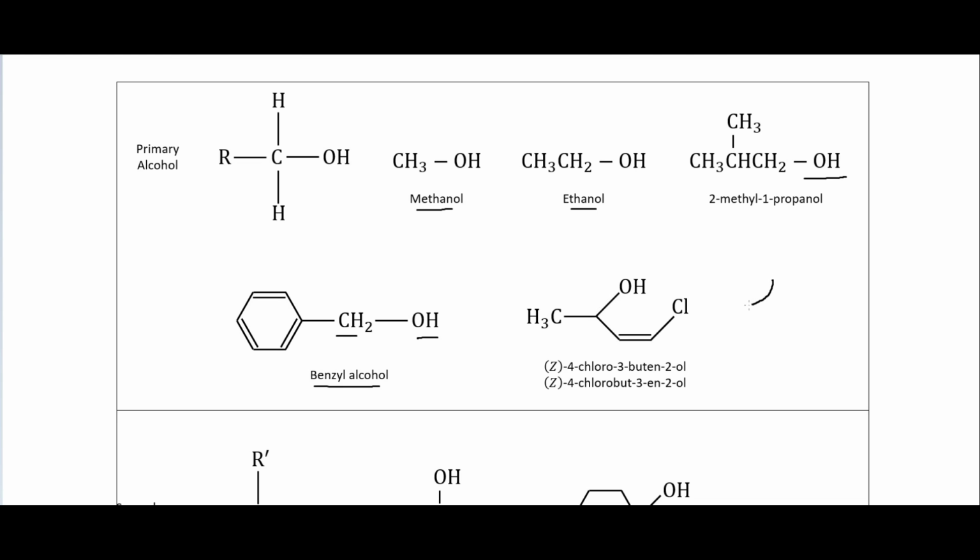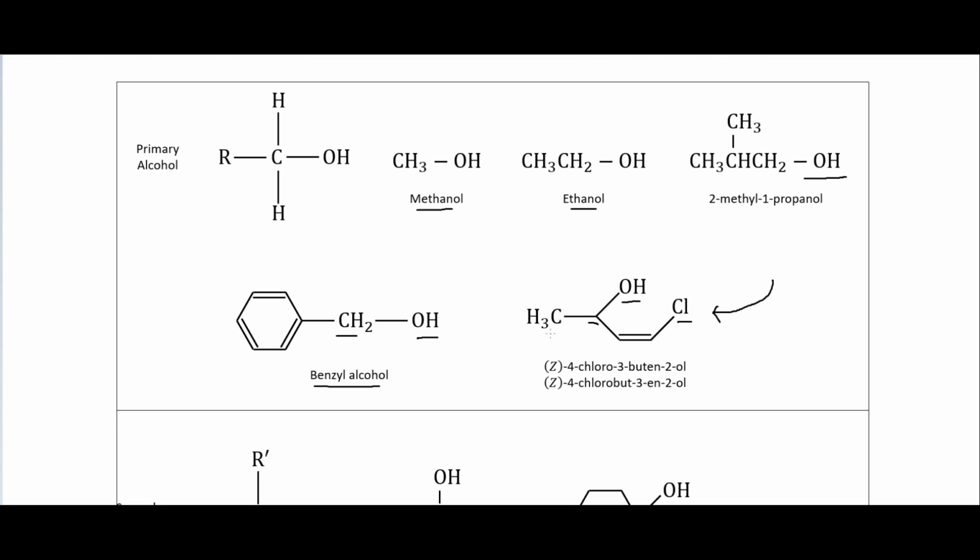This one here should actually be a secondary alcohol, shouldn't it? Because it's bound to a carbon that's bound to two other carbons. What we can see here is Z-4-chloro-3-butene-2-ol, and the alcohol group here is taking priority over the chlorine.